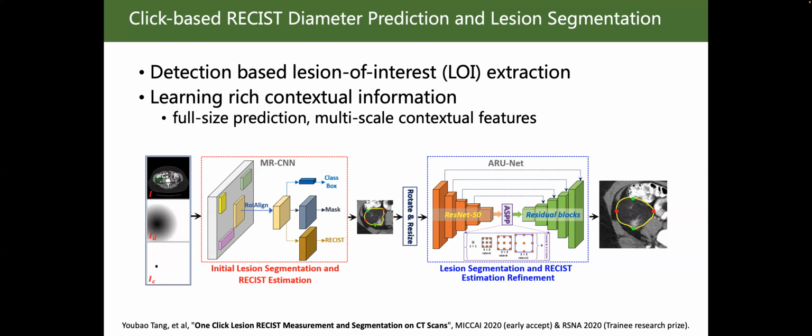A click image IC and a distance transform image ID are generated from the click points. Therefore, we can construct a three-channel image as the input by simply concatenating the original 2D CT slice I, IC and ID.